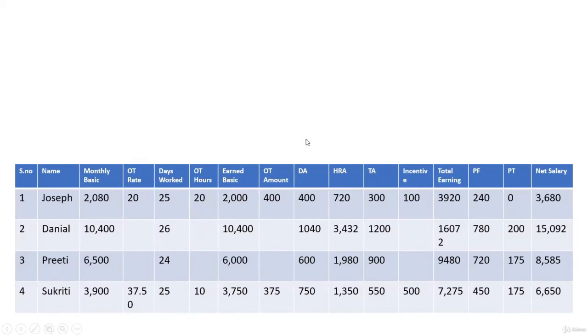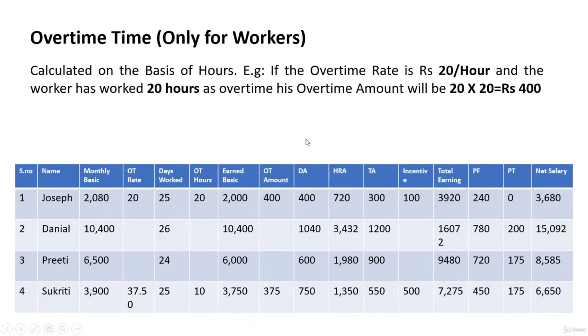Now the next point that comes here is the overtime wages. As I told you, overtime wages are applied for the workers only. Here we have calculated the overtime rate provided by the company: 20 rupees per hour for Joseph and 37.50 rupees per hour for Sukriti.